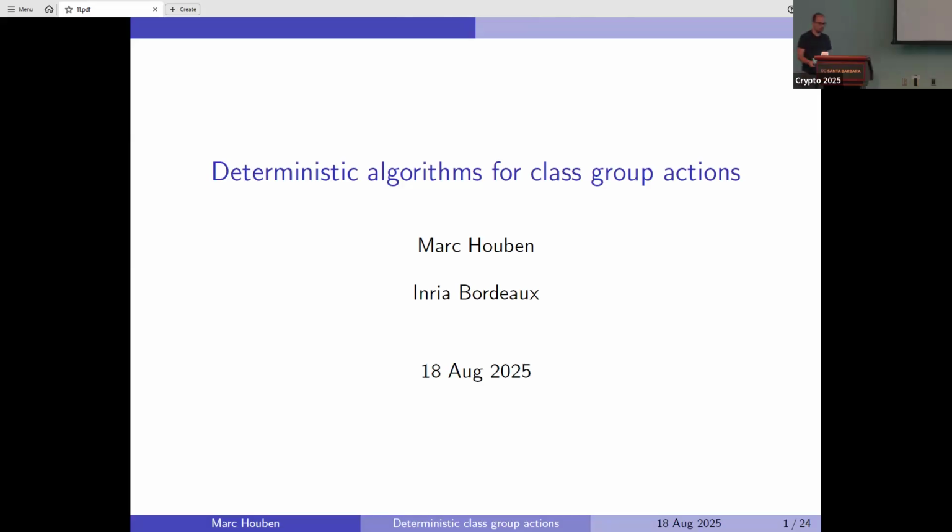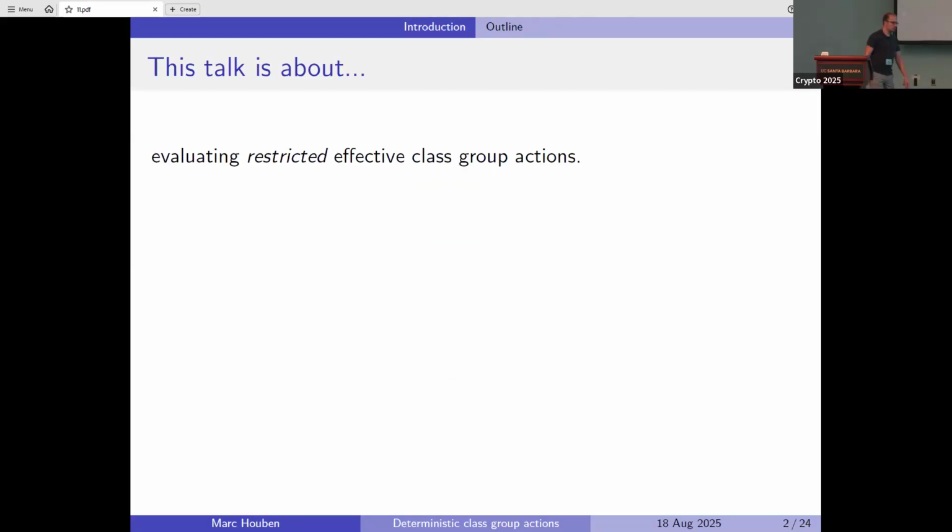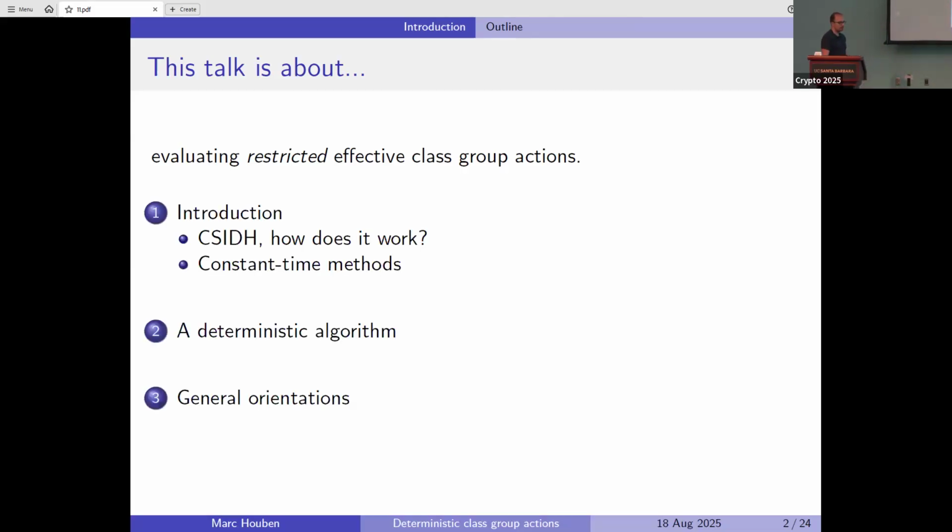Okay, thank you. Yeah, so my talk is about this world of restricted effective class group actions. So contrary to Ricardo's very nice talk, this is the situation in which we're happy as long as we can act by a sufficiently large subset of the class group. So this turns out to be sufficient if you want to do a key exchange.